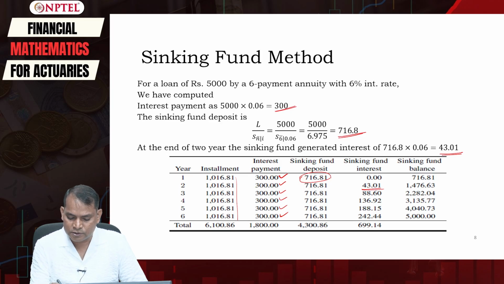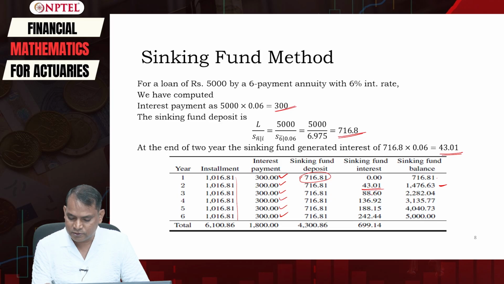Remember, this is the initial balance: 716.81 plus 716.81 plus 43.01 becomes this.